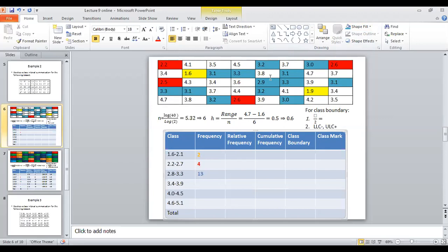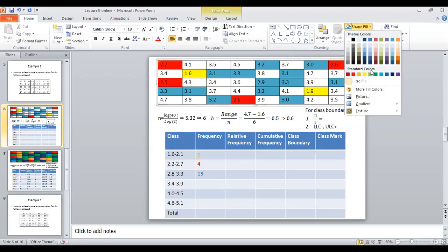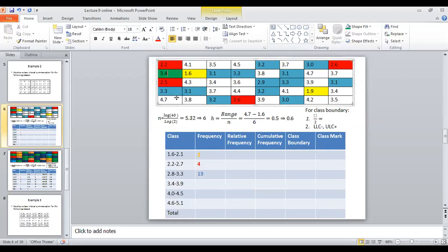Then from 3.4 to 3.9, let's mark it with a different color. So from 3.4 to 3.9, and this one as well. We've got this one, and this one. Then this 3.7, then this one, 3.6, and then we have got this one, and then 3.9.